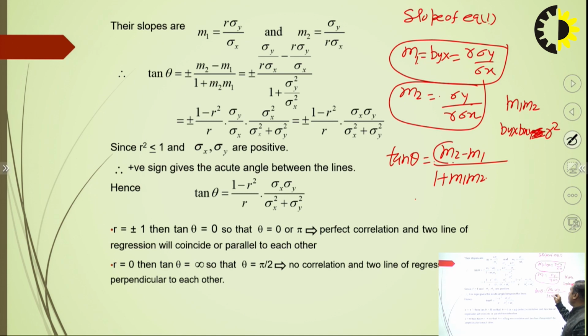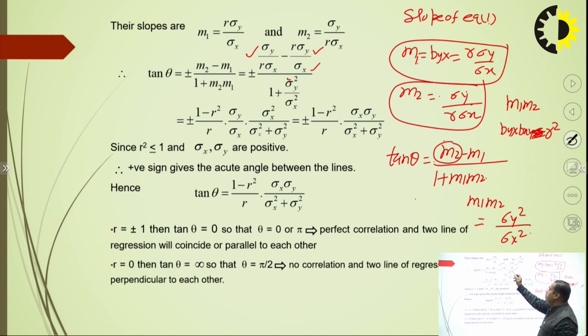Putting the value of m2 as sigma y upon r sigma x, and m1 as r sigma y upon sigma x, 1 plus m1 m2: taking the product of m1 and m2, r cancels out, and we get sigma y square upon sigma x square, so 1 plus sigma y square upon sigma x square.